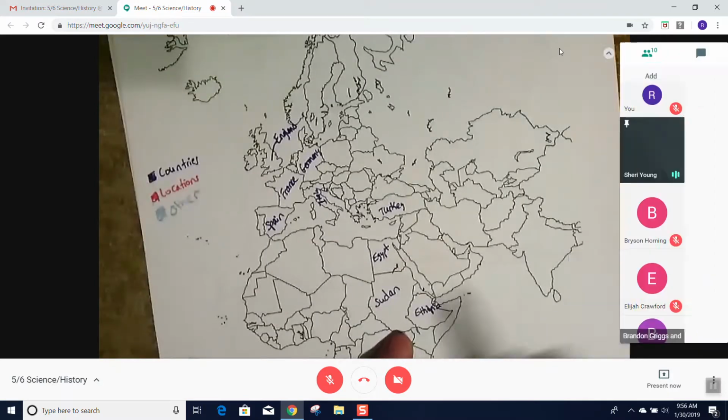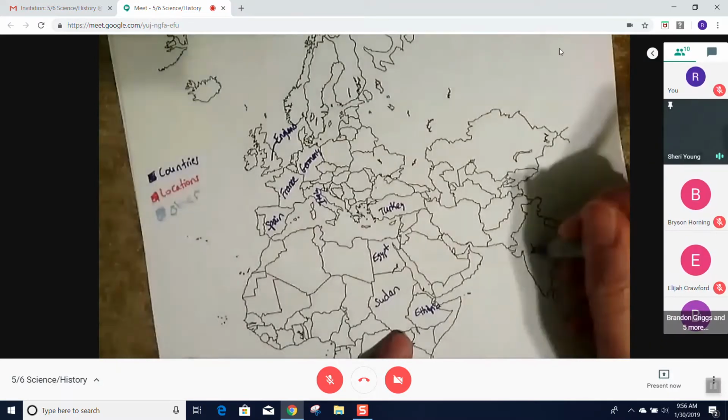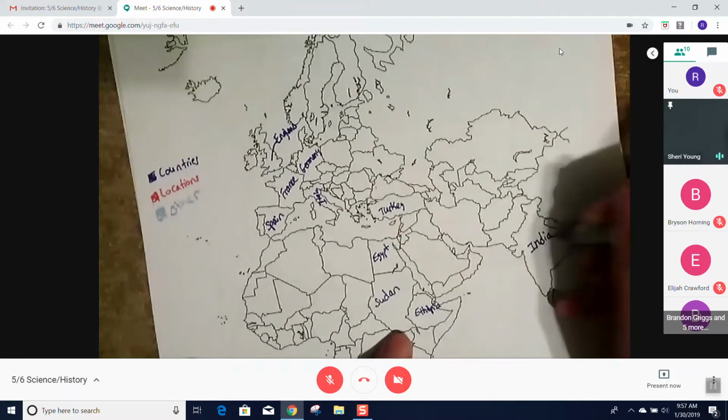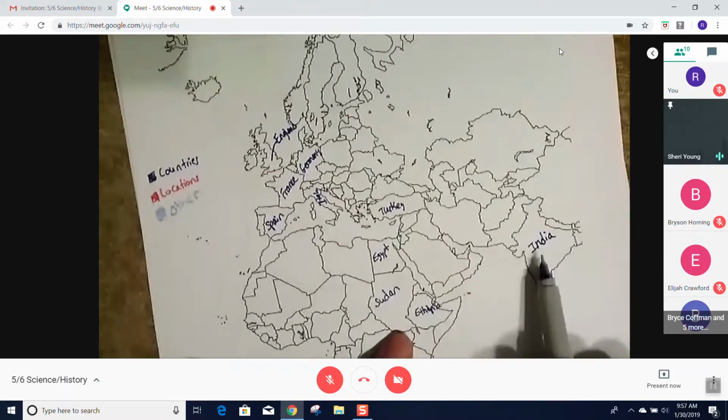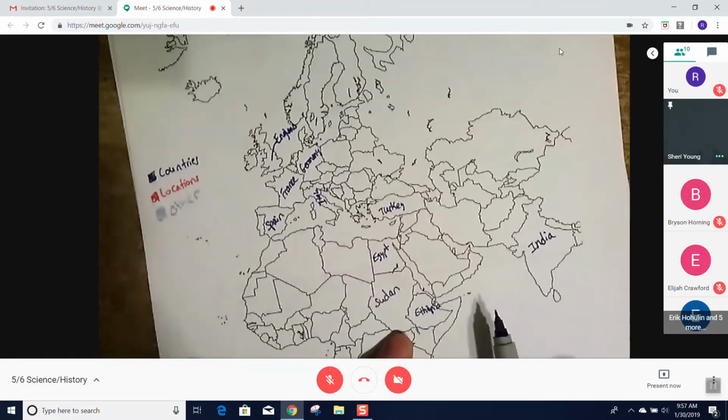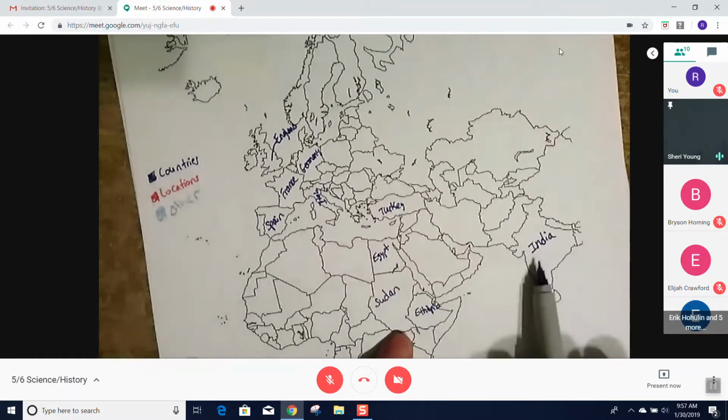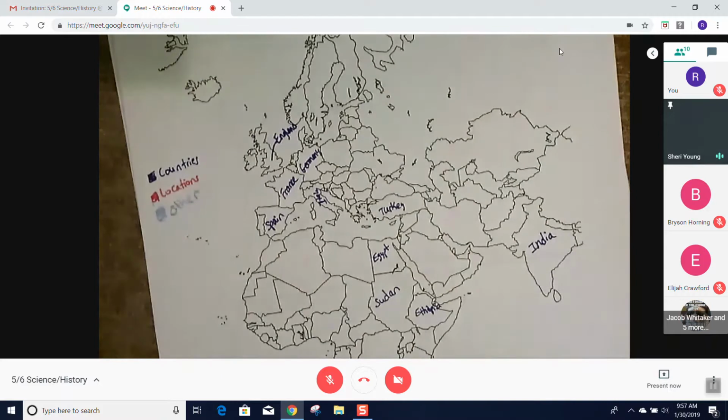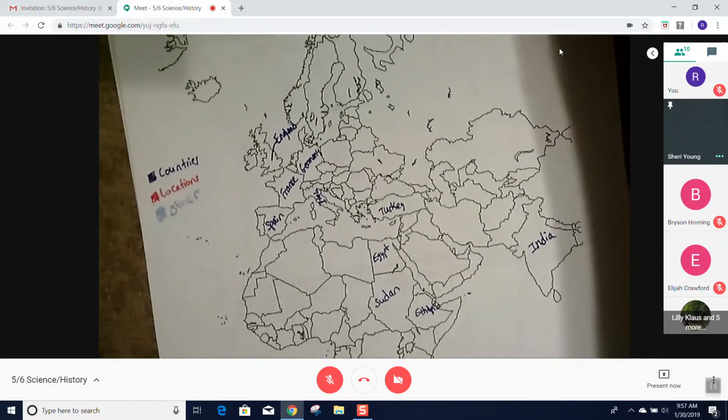Okay, and then way over here, we're going to put India, because India is a big part of this story also. Okay, so India is over here. And I think that's all the countries we're going to do for today, because we're having issues with the camera anyway. And we'll switch over to listening on the book.